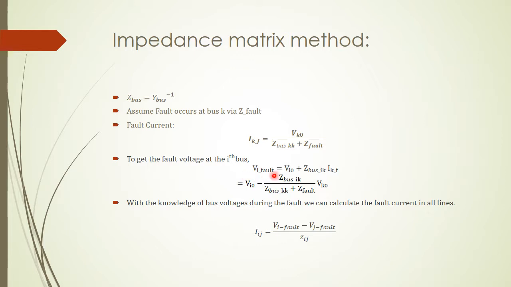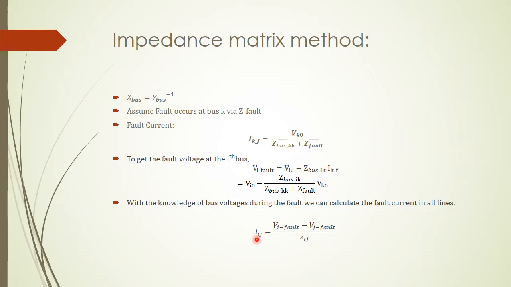After we obtain all the voltages at the buses during the fault, we can calculate the branch currents during the fault using this formula.